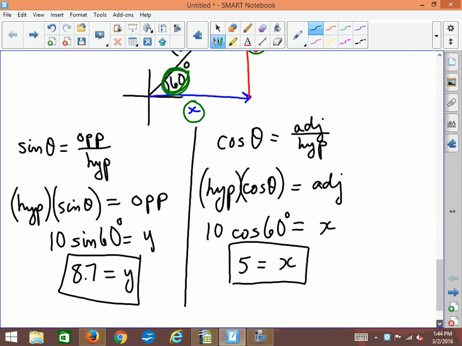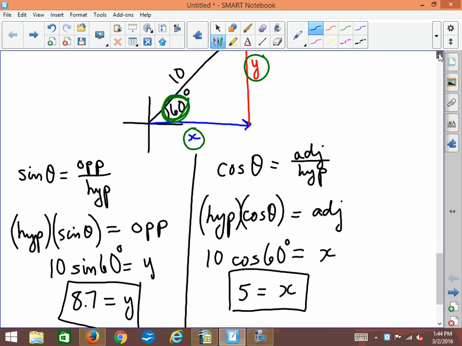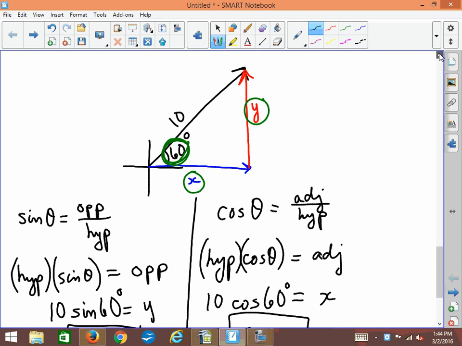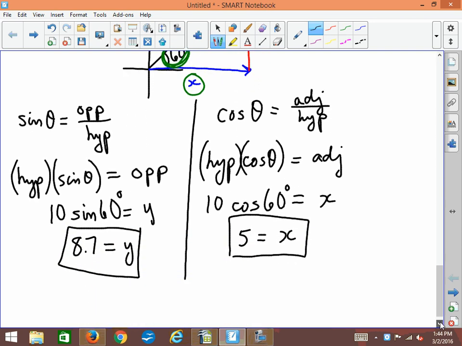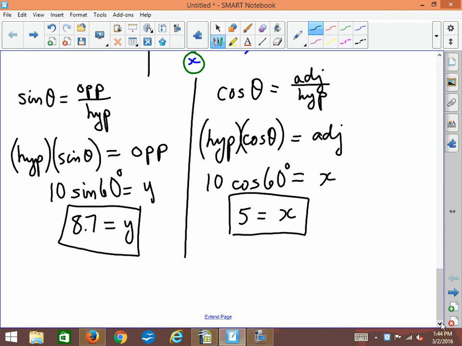You turn the sideways knob 5, you turn the other knob 8.7, and you will trace the line 10 at 60 degrees. All right? And that's basically how we can figure out what the components are for each of these vectors.